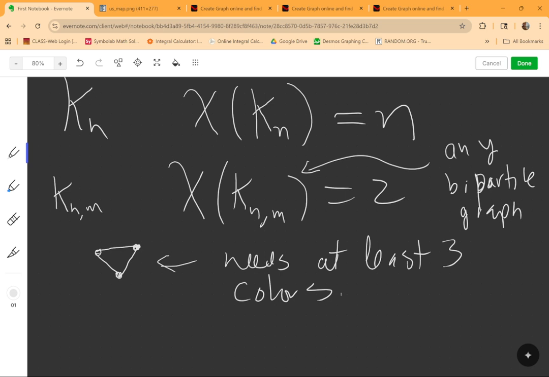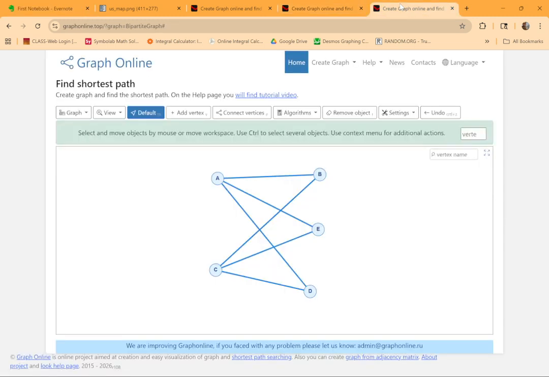It doesn't necessarily have to be complete. Going back to the tool, we see what I mean: the two distinct sets can be their own colors, 1 and 2, because in a bipartite graph the vertices within one set will never be adjacent to each other.